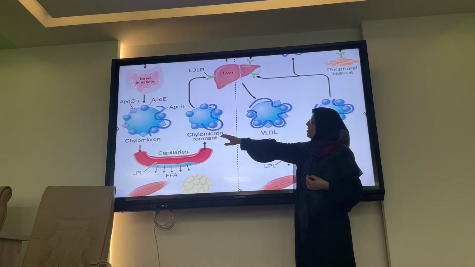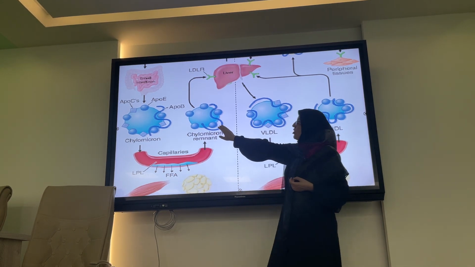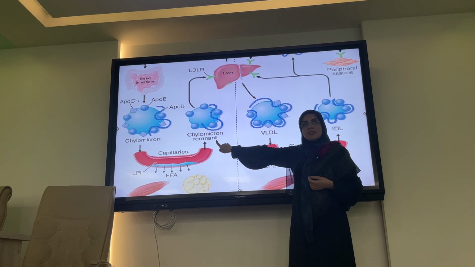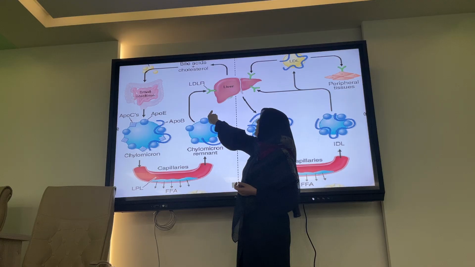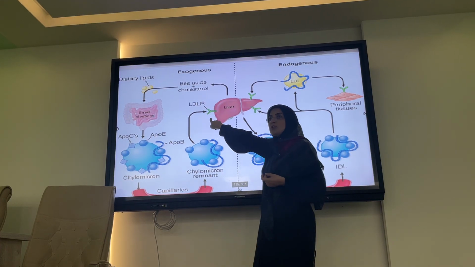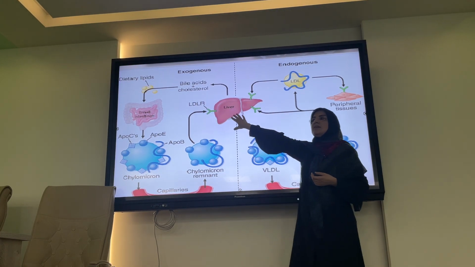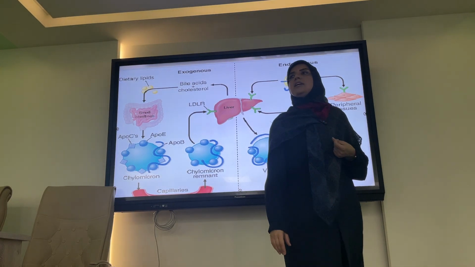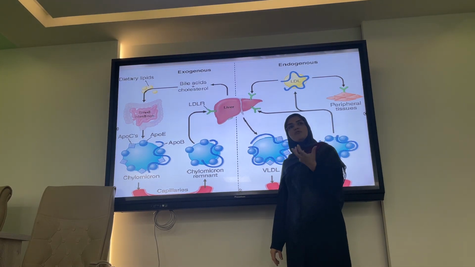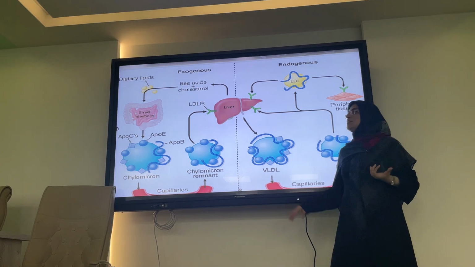On another side, we have chylomicron remnant. This chylomicron remnant attaches to the LDL receptor, which is mainly located on hepatocytes in the liver. The cells in the liver we call hepatocytes.